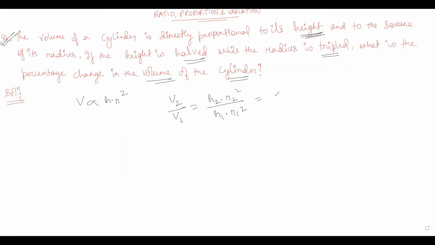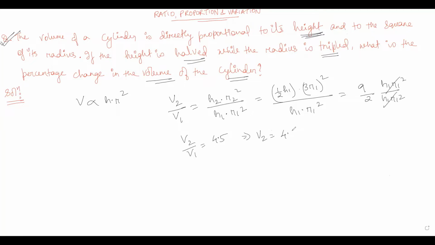So the new height is half, so H2 can be written as half of H1, and the radius is tripled, so R2 can be written as (3R1) whole square, upon H1 into R1 square. So this can be written as 9 by 2 H1 R1 square upon H1 R1 square. So we can cancel this. So V2 by V1 would be 9 by 2, that is 4.5. So the new volume would be 4.5 times the original volume V1.